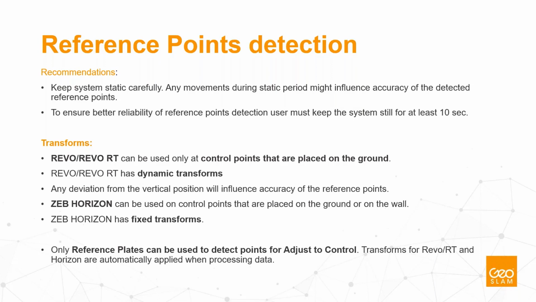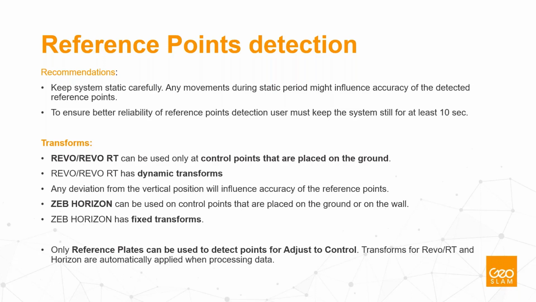That's how we bring our coordinates from the center of the scanner to that point to perform the translation and rotation. So Revo, RT or Go systems cannot be used on walls or other tilted surfaces. They have to be placed on the ground. Any deviation from that vertical position will influence the accuracy of the detection of the reference points and how we apply those transforms.